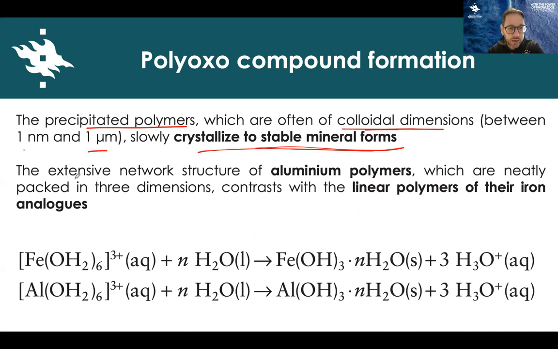So for example, the extensive network structure of these polymers comprised of aluminum species, they are neatly packed into the 3 dimensions, right? While these iron polymeric species adopt more of a linear arrangement.